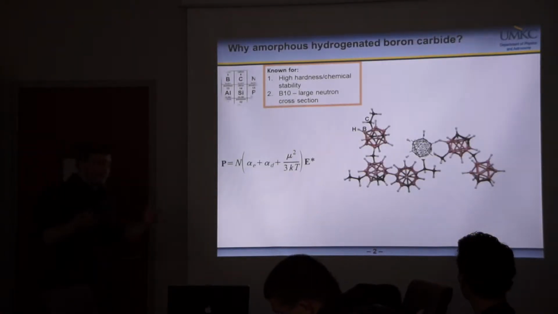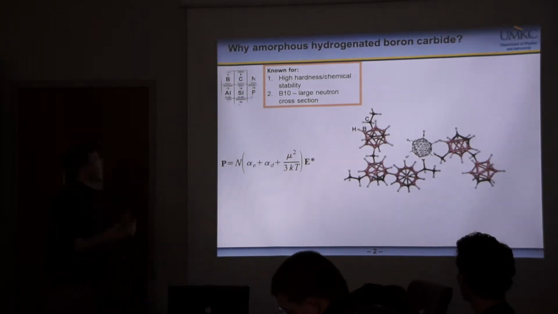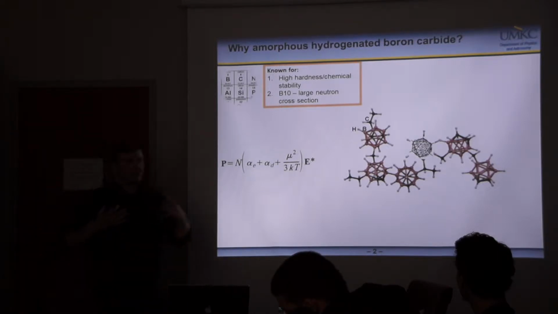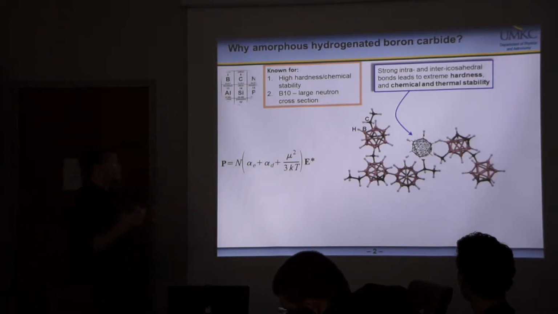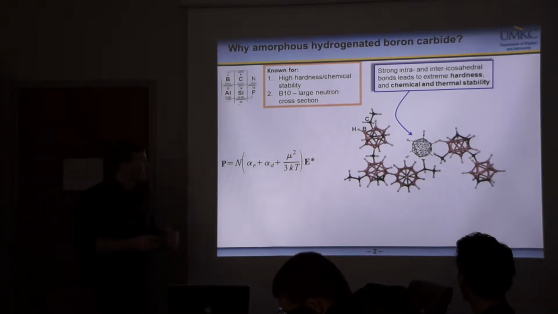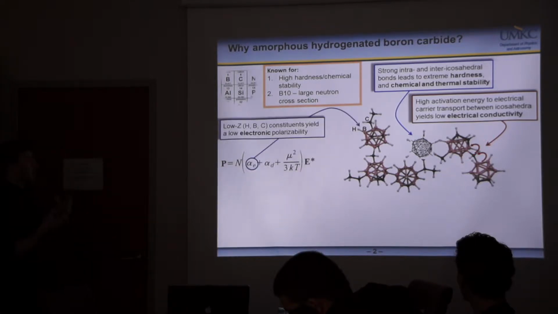So why amorphous hydrogenated boron carbide? It's known for its high hardness, and B10 has a large neutron cross-section, which makes it important for both cases. It has strong intra- and inter-icosahedral bonds, and that's what gives it its chemical hardness and chemical stability. It also has high activation energy, just due to the high defect density of this amorphous material.